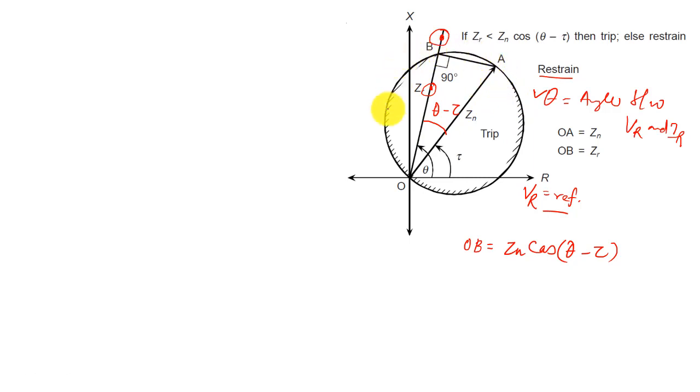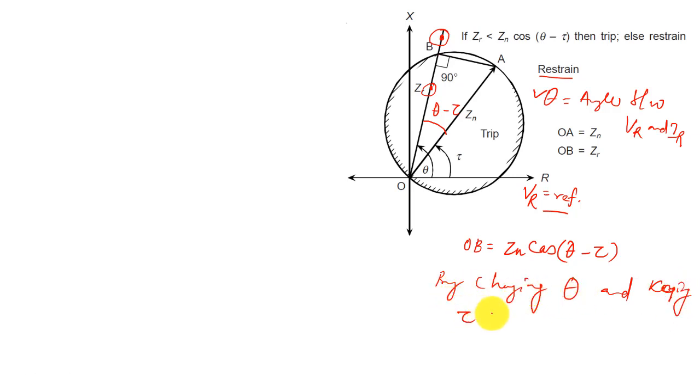Let us see how the circle is made. This theta will change as we change theta, keeping tau constant.